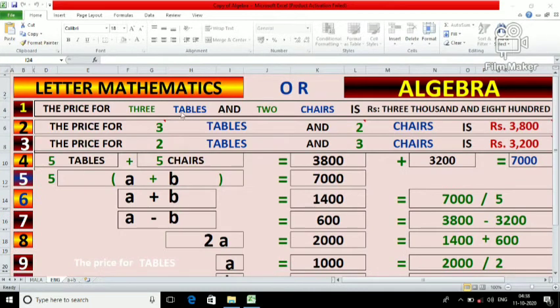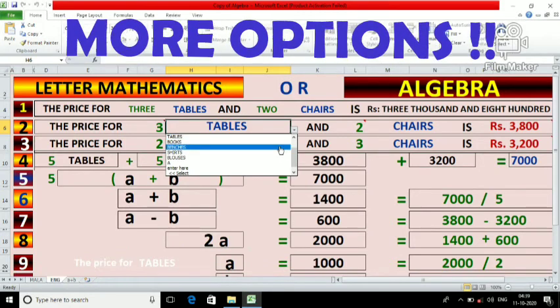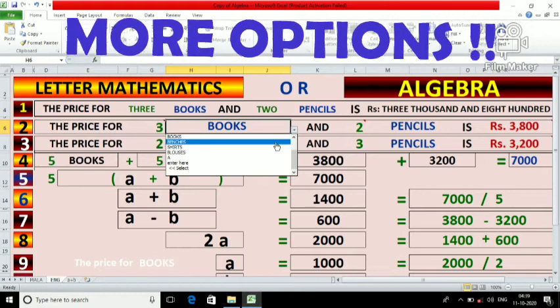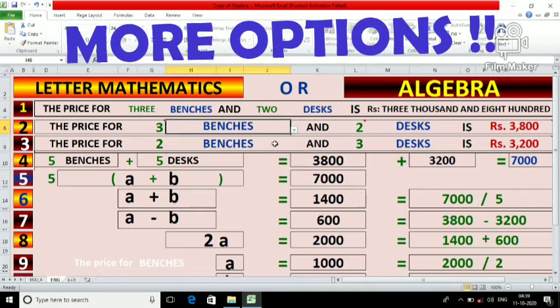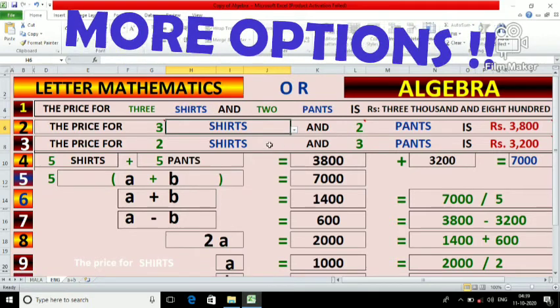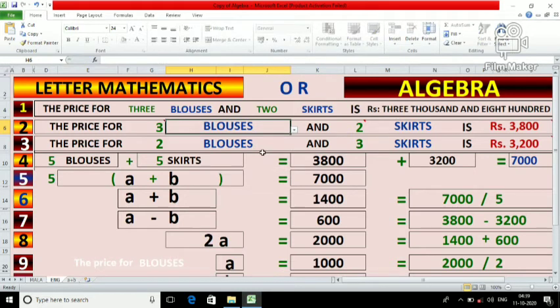Okay, we have successfully completed our worksheet. Now let's go to some of the features of this worksheet. See, we have selected here tables and chairs. Some more options are here: tables and chairs, then books and benches, then books and pencils, benches and desks, then shirts and pants, blouses and so on.